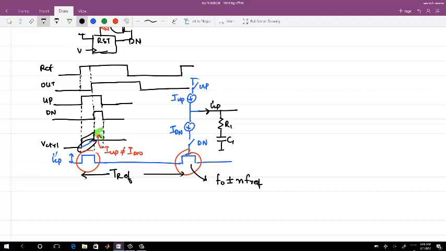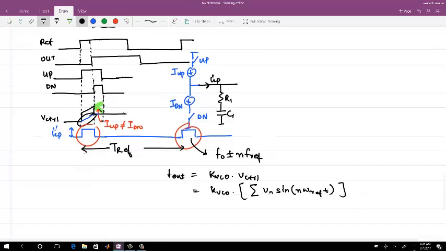You can always say F out is KVCO times V control, right? If I am changing V control, just for example, KVCO times V control is something like A naught times, now write the Fourier series of this to find what harmonics and what values they are. So let me say V control has some Vn sine of n omega ref times t.